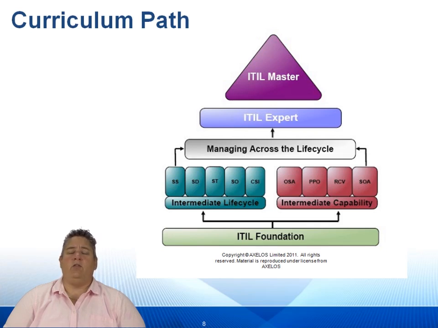MALC and Foundation provide 7, so you need another 15 credits to achieve that ITIL Expert title. You can get those 15 credits either on the life cycle or capability side, or a combination of both. The life cycle courses are worth 3 credits, and the capability courses are worth 4.